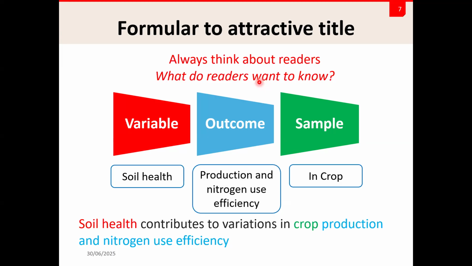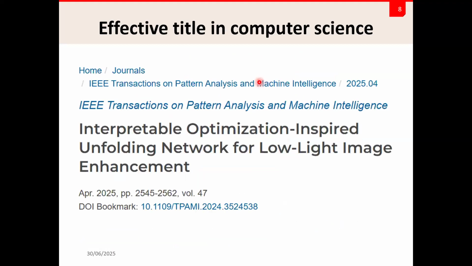So when you understand these three components, variable, outcome, and sample, soil health, production and nitrogen use efficiency, and crop, you then mix and match these three components to make the right title. So it's very simple when you understand these three components. Let's take another example.